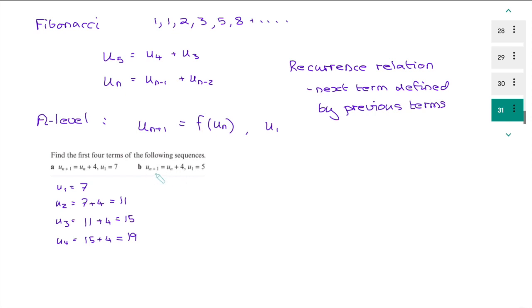What's happened here? We've got u(n+1) = u(n) + 4 again, exactly the same. But in this case, we've got u1 equals 5. So we've got a different starting point. And here, we're just going to get 5 and then 9, 13 and 17.